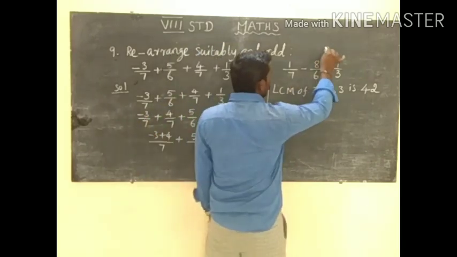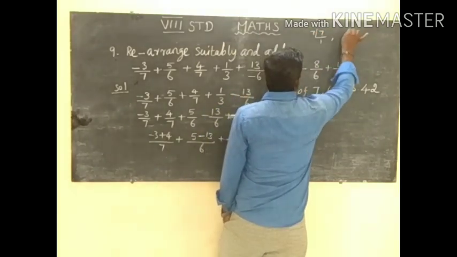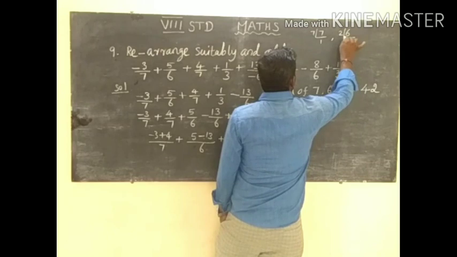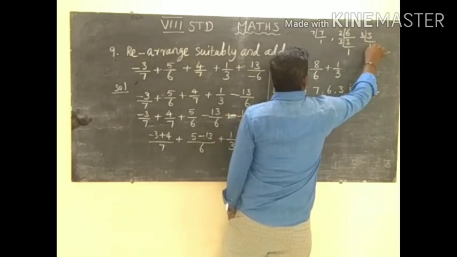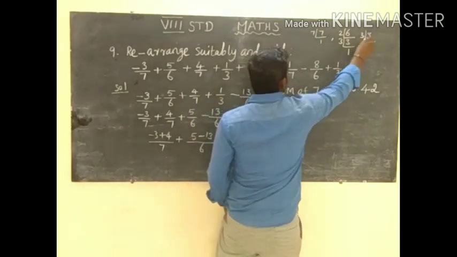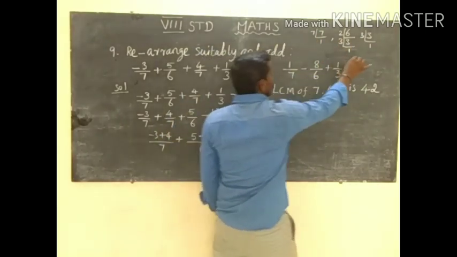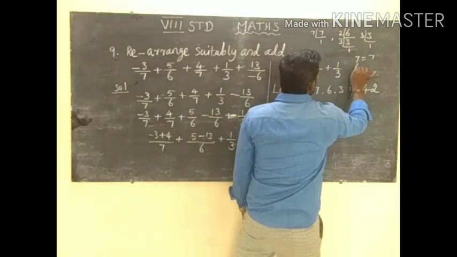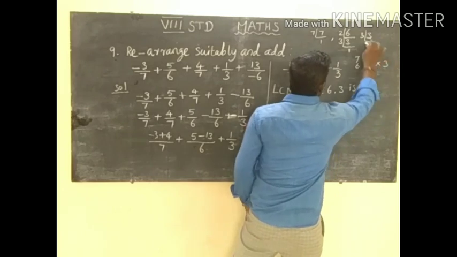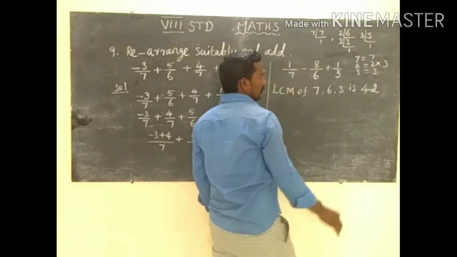Otherwise, use the LCM method: 7 ones are 7, 2 threes are 6, and 3 ones are 3. Multiplying all the factors, consider the factors: 7 can be written as 7, 6 as 2 into 3, and 3 as 3.